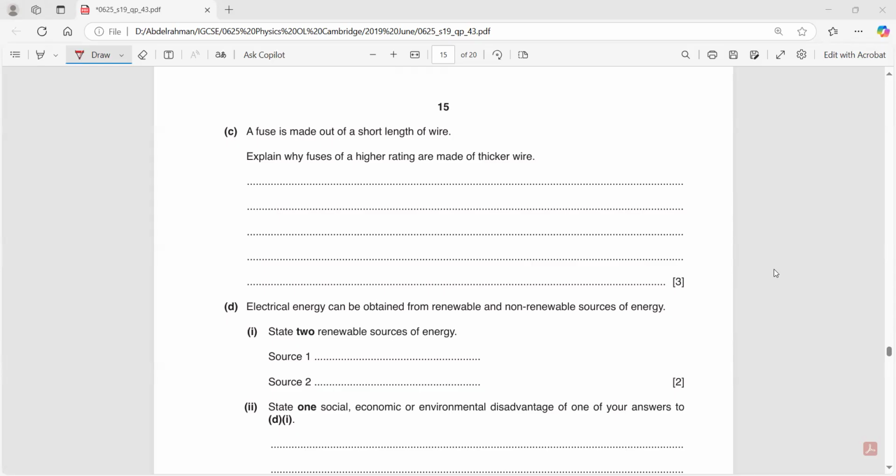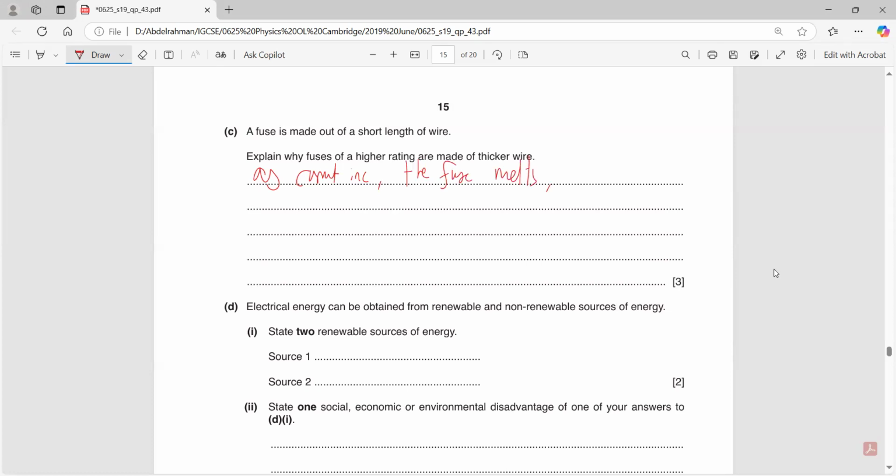The fuse melts, because the heating effect increases. So you say that as the current increases, the fuse melts.